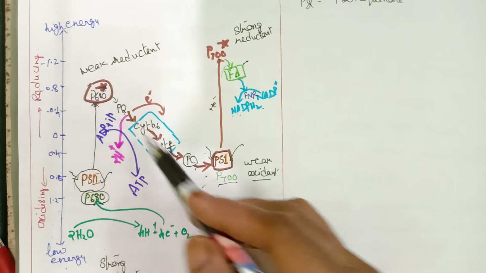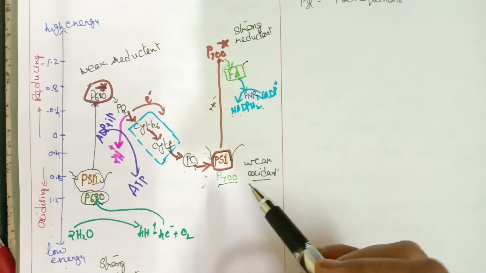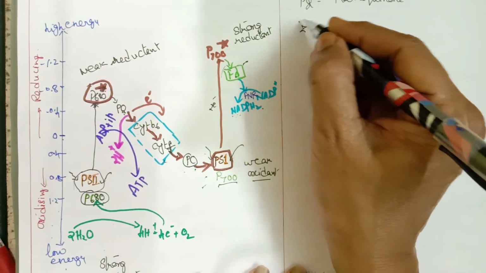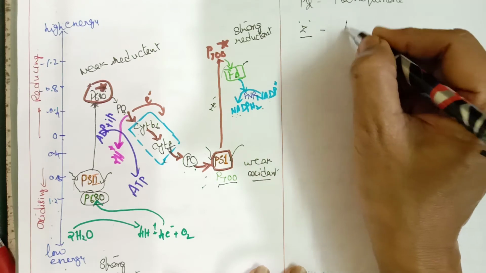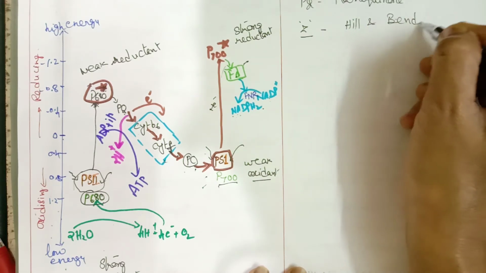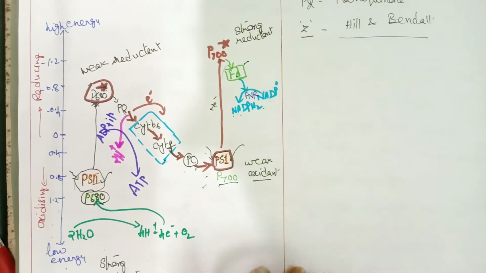This movement of electrons we find in a zigzag manner, so it is called the Z scheme of electron transport. The Z scheme was given by Hill and Bendall. They explained the Z scheme of electron transport.